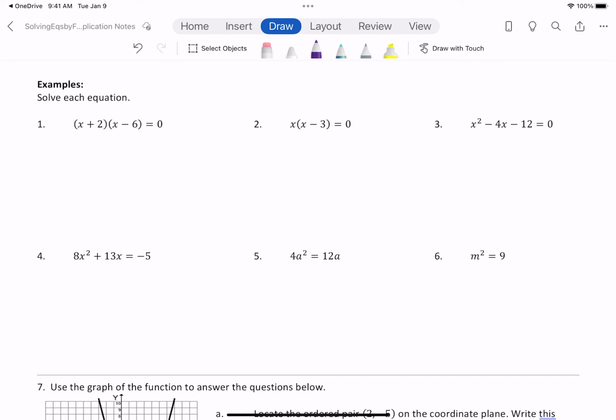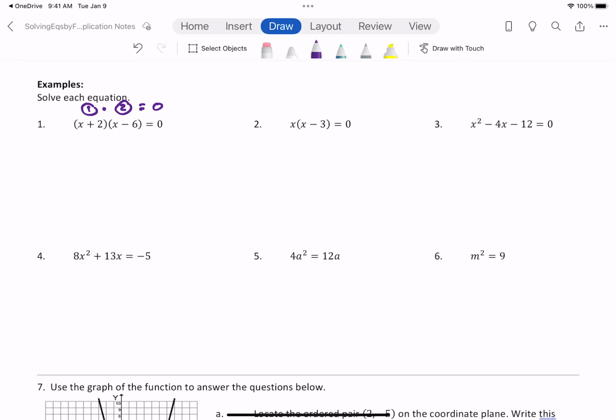So let's look at this first problem. For this one, we actually get to start at step number 3, because what I have here is one factor times a second factor equals 0. So we don't have to factor it out first. It's already in its factored form.